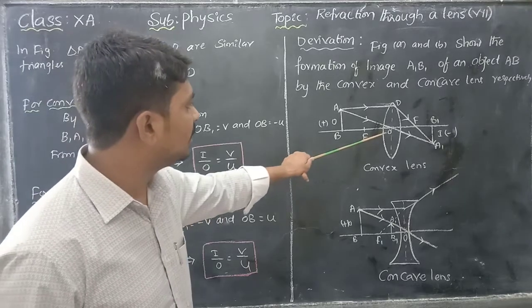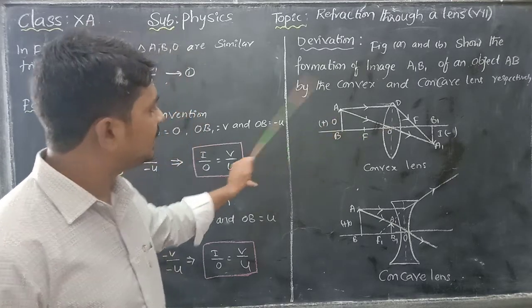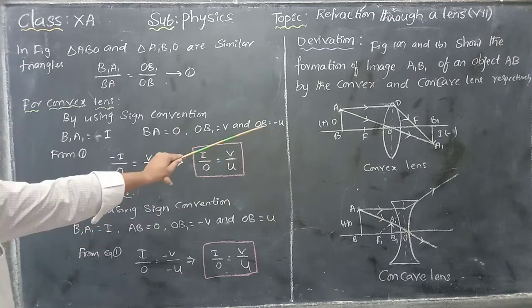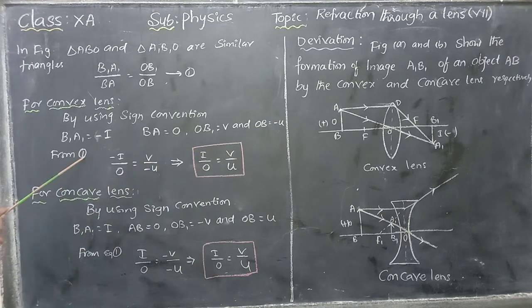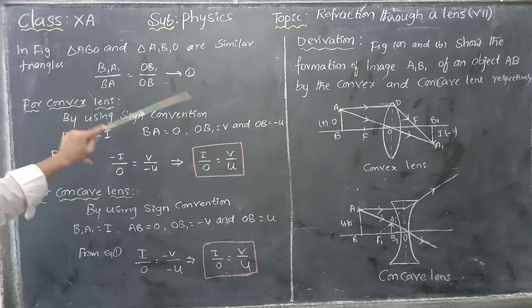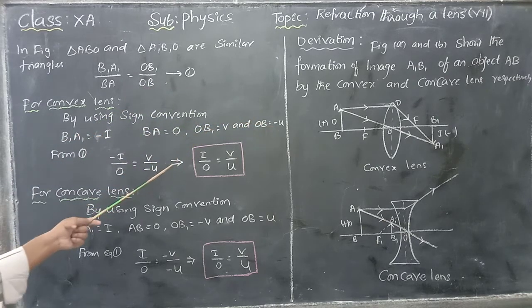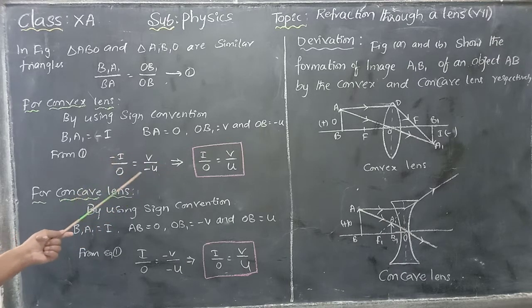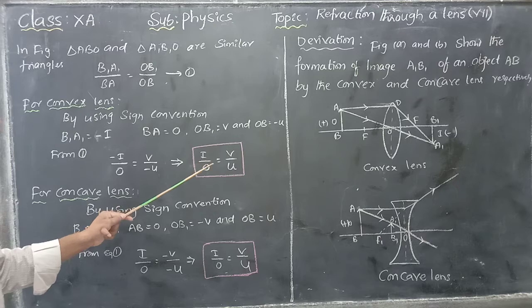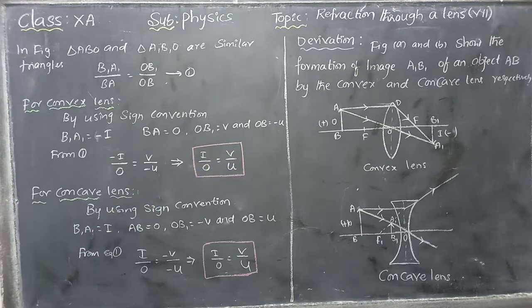OB is the object distance, on the left-hand side of the optical center, so minus U. From equation 1, minus I divided by AB, the object, equals V divided by minus U. Cancelling the minus on both sides, image divided by object equals V divided by U. That is the linear magnification for the convex lens.